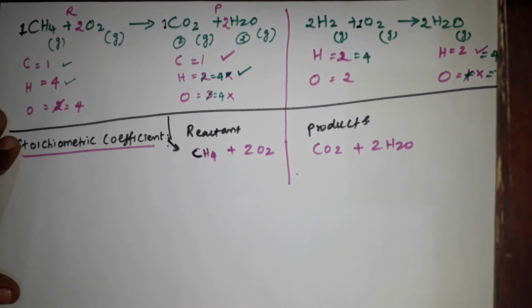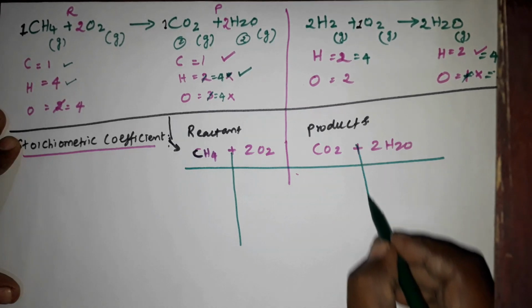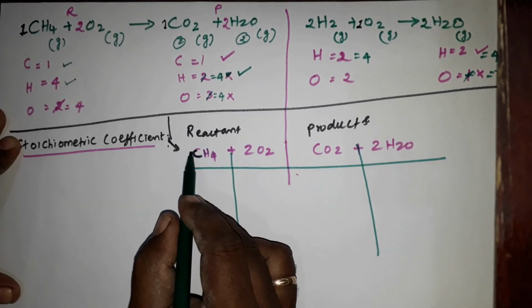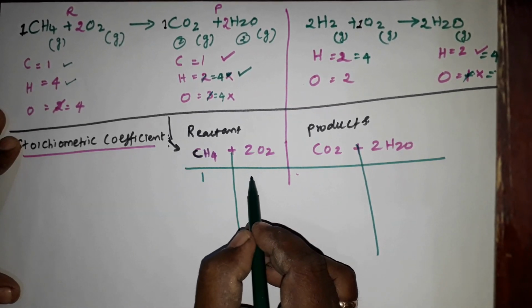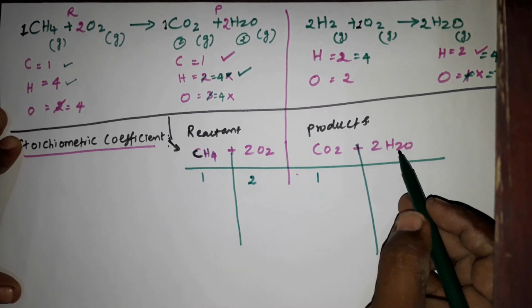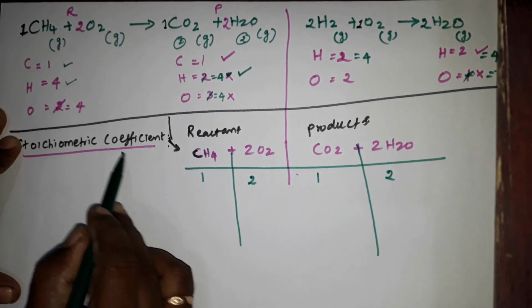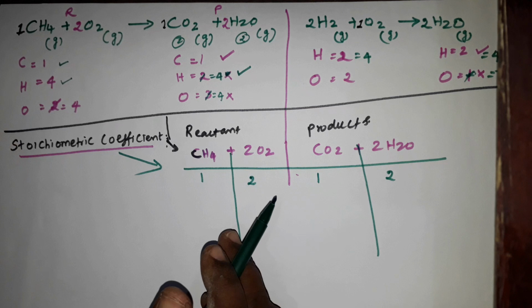See here, before CH4 1, before oxygen 2, here in the product side before CO2 1, then before H2O, that is 2. So this is called stoichiometric coefficient as number.